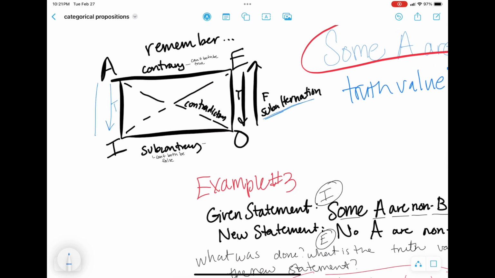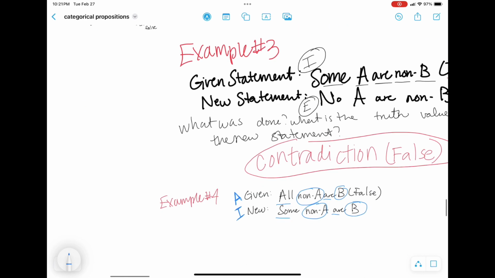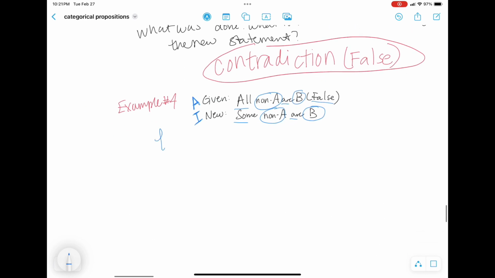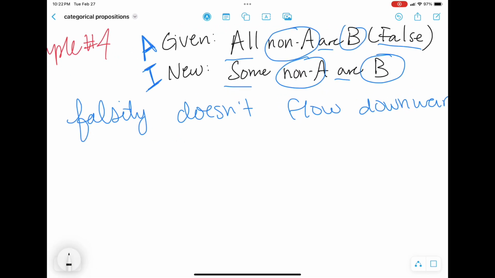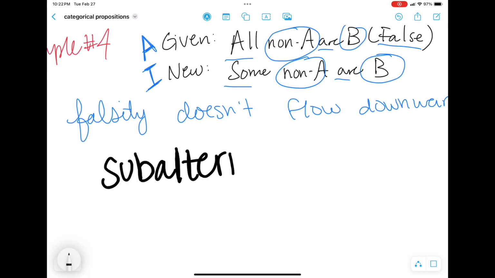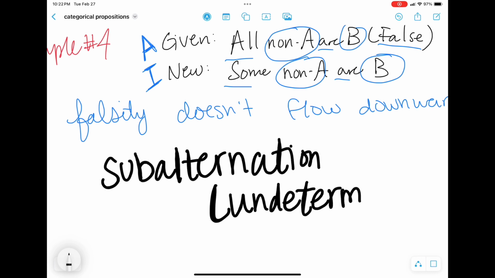So this is the subalternation relation. Remember, for the subalternation relation, truth flows downward, falsity flows upward. The claim on top, the A claim, is false, but falsity doesn't flow downward. This means the truth value of the new claim, the I claim, is undetermined. We do not know whether it is true or false. So that would be the answer to this question.